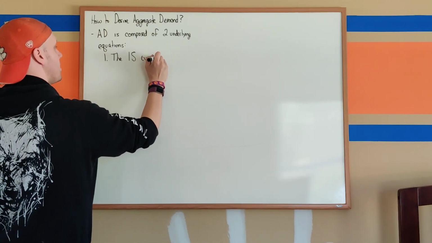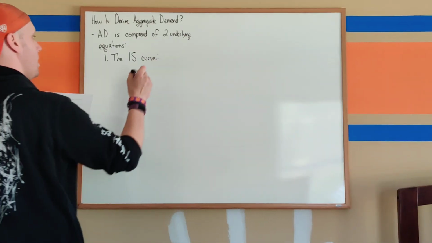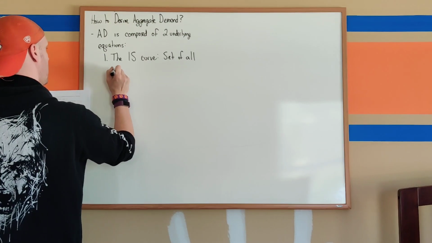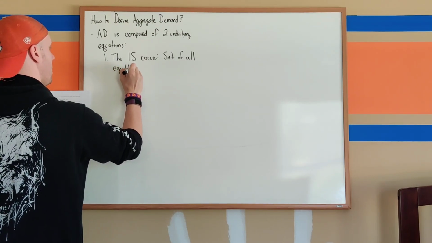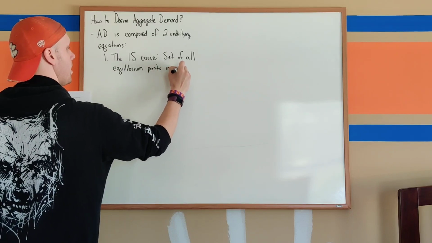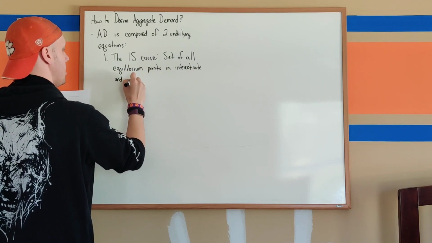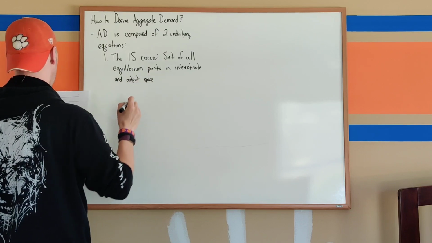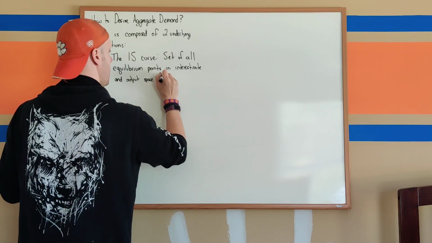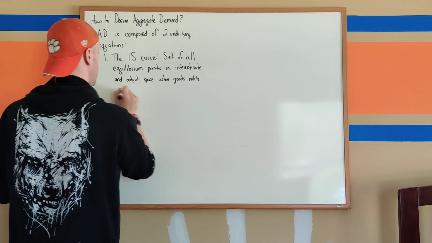The first one is the IS curve. Now, the IS curve is the set of all equilibrium points in interest rate and output space where goods markets clear.